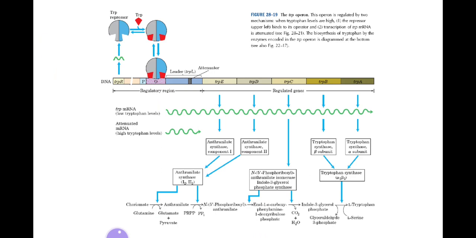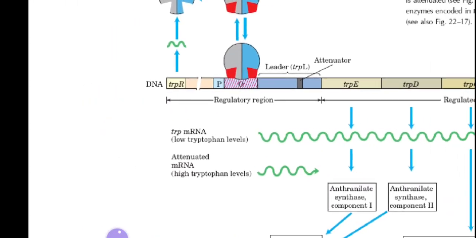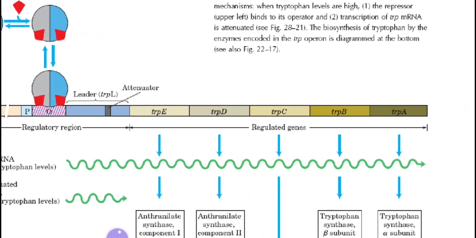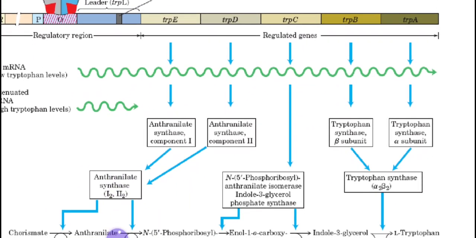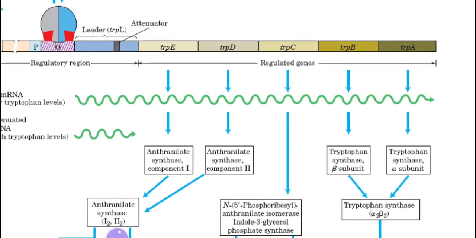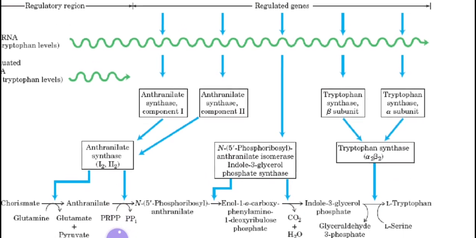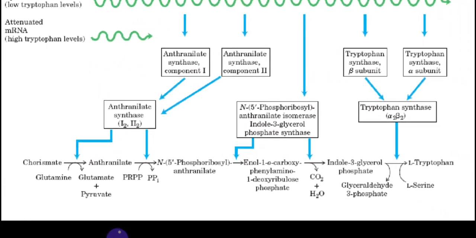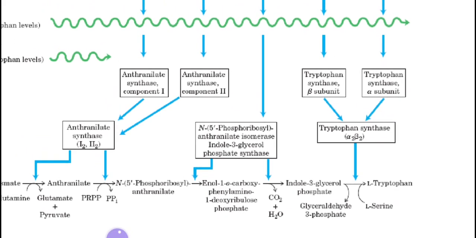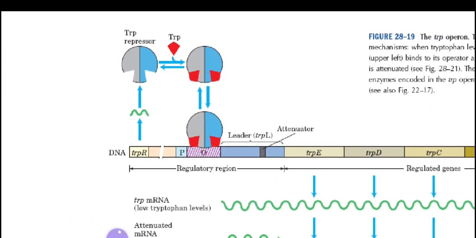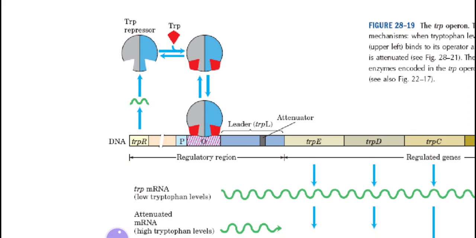These are the 5 structural genes: trpE, trpD, trpC, trpB and trpA. If tryptophan is not present, these genes are transcribed and all the enzymes required for the production of tryptophan are made. But if tryptophan is present, it will itself act as a corepressor and bind to the repressor molecule, and this repressor will bind at the operator region and not allow the RNA polymerase to transcribe the genes.